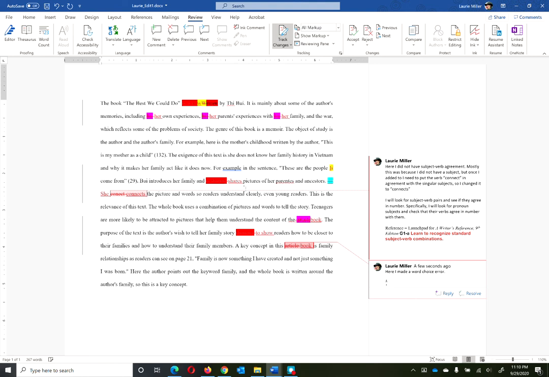I'll say text 1 is a book, not an article. So I need to use the word book here.